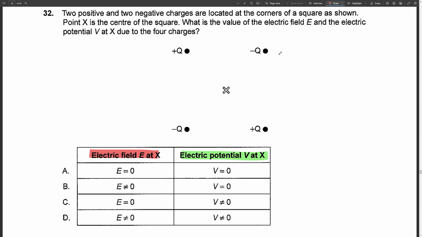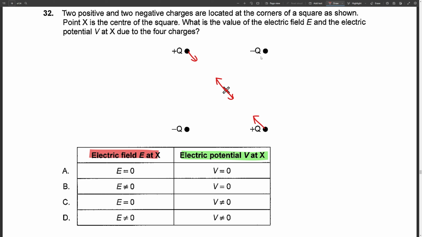In question 32, we are going to study the electric field at X and the electric potential at X. Let's begin with the electric field. The electric field at X is a result of 4 charges on the corners. A positive charge should generate an outward field. Therefore, it will be going to the bottom right and top left according to the positive charges.